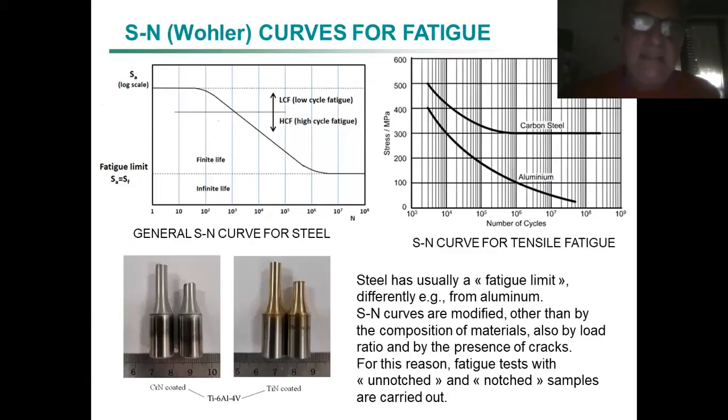Then there are some other elements to be considered in practice. In practical terms, I am showing here some tensile compressive fatigue samples.